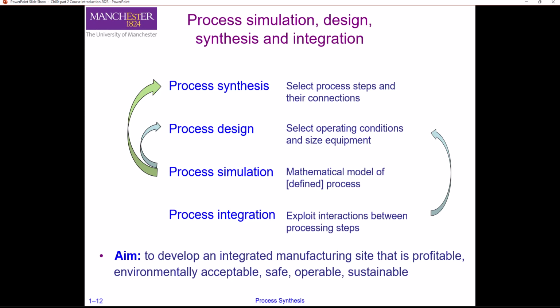Then we have the next step of process simulation, where we take the design and its configuration and look into mathematical models where we can predict performance of that particular configuration or plant. These models are typically built on understanding of first principles, for example, chemistry, thermodynamics, mass transfer, heat transfer, and material balance.